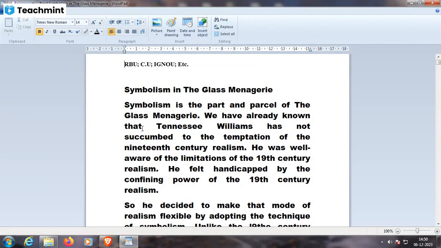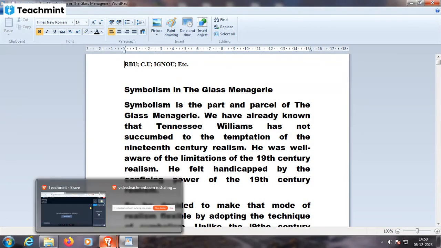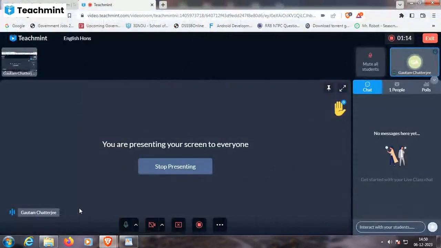We have already known that Tennessee Williams has not succumbed to the temptation of the 19th century realism. It was a great movement during the time. So he did not succumb to it.